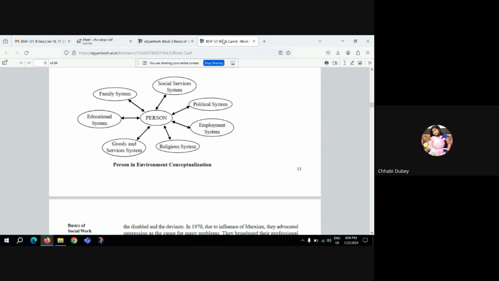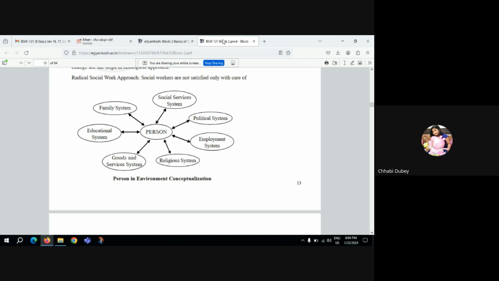Before that, we come to this particular diagram, which talks about the person and environment conceptualization. You will find that the person has been kept in the center, and then you have the different social systems which are impacting the working of an individual.